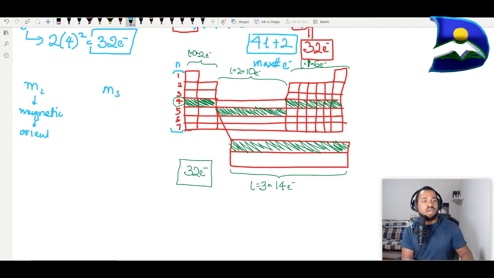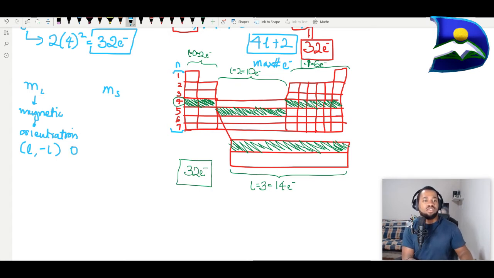And to determine the orientation of our orbitals, we know that they must obey a specific pattern, which is L to negative L when we include 0 in there.